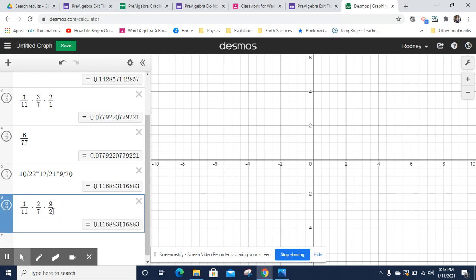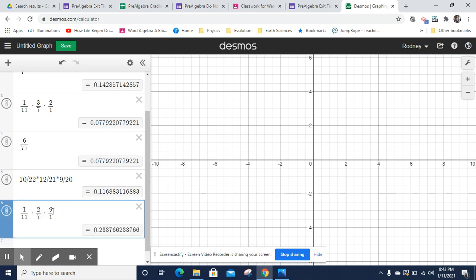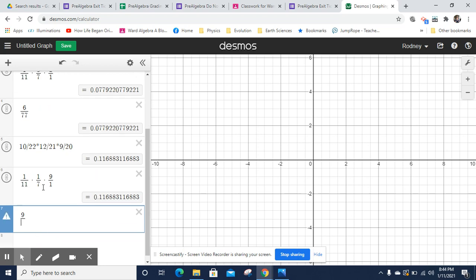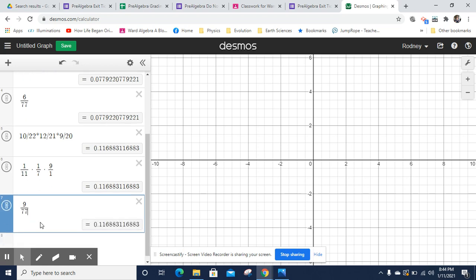And these 2's cancel out into 1's. So now we are simply left with 1 times 1 times 9, which will be 9, out of 11 times 7, which is 77. So once again, we have something out of 77. It's 9 out of 77, which comes out to approximately 11.7%.